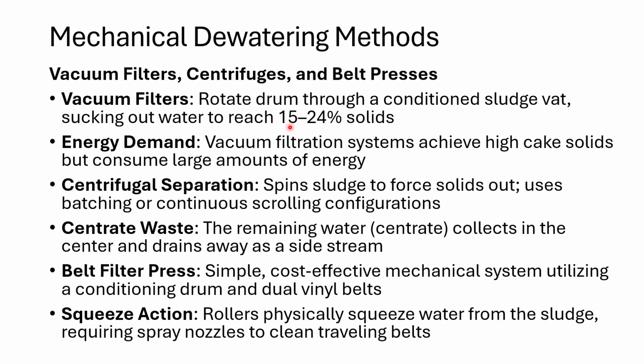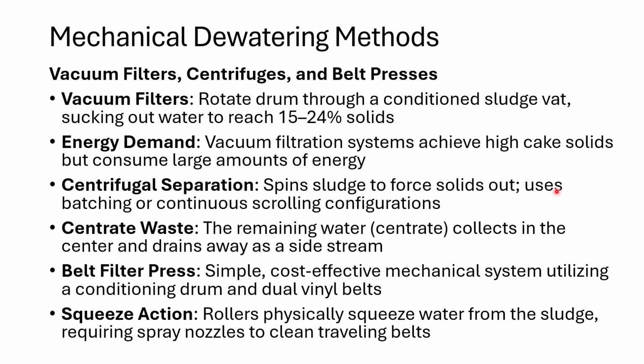So a vacuum filter, and we'll see a couple of just bare schematics of this. A vacuum filter is a drum that rotates through a conditioned sludge vat, and it sucks out water. That vacuum action will suck out water, and it'll increase your solids concentration in that sludge to 15 to 24%, which is pretty high. So it's very effective. Thing is, there is a relatively high energy demand for it.